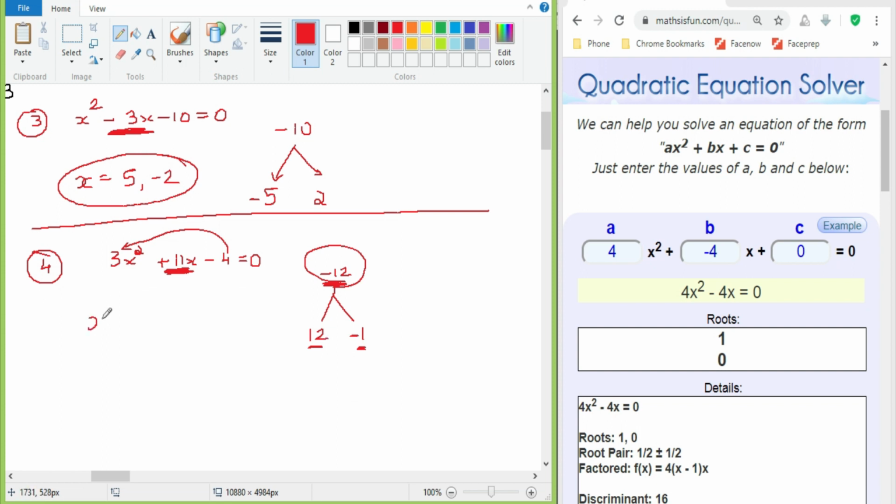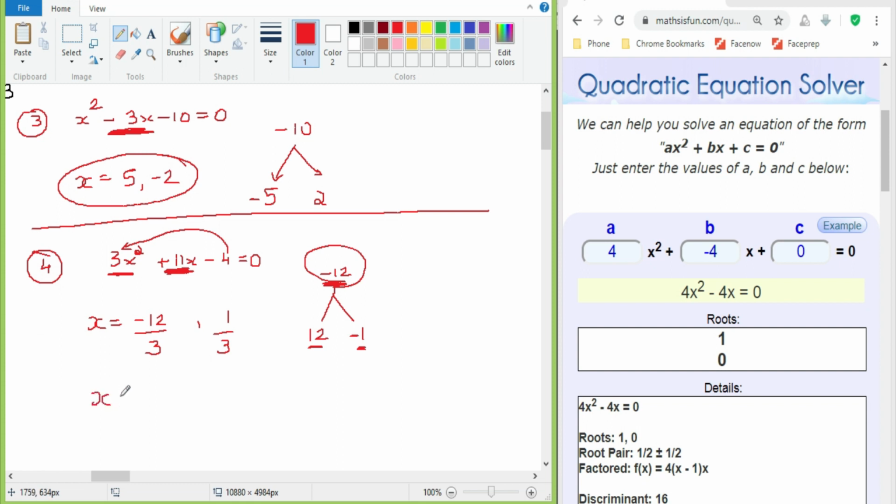Next, we have to find out the value of x. What is the next step, guys? The value of x will be the negative of the branch value, right? So I can write it as minus 12 and plus 1. Now we need to add one more point here. When the coefficient is other than 1, just divide by that coefficient.